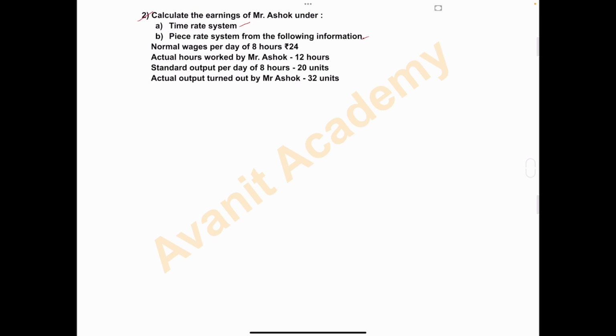Normal wages per day of 8 hours, rupees 24. Actual hours worked by Mr. Ashok, 12 hours. Standard output per day of 8 hours, that is 20 units. Actual output turned out by Mr. Ashok, 32 units.